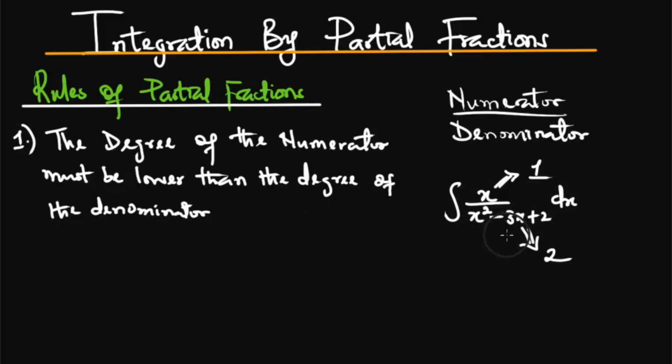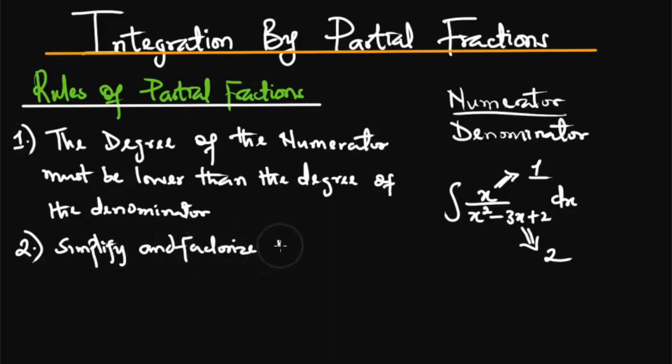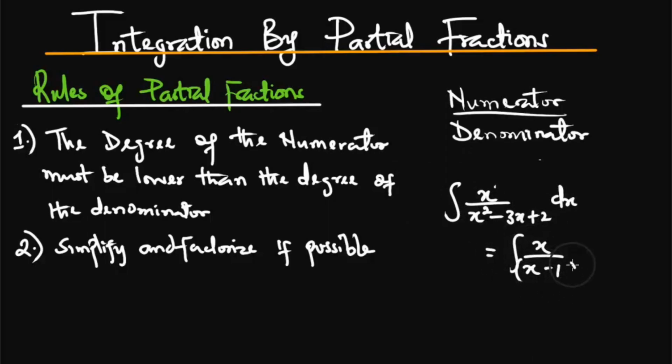And that takes us to our next rule, which is to simplify and factorize if possible. For this particular question right here, we can factorize the denominator to have it written as integral x over x minus 1, x minus 2, right?